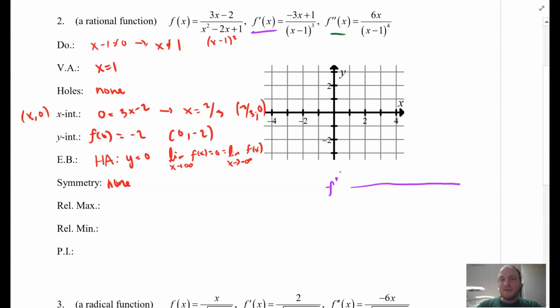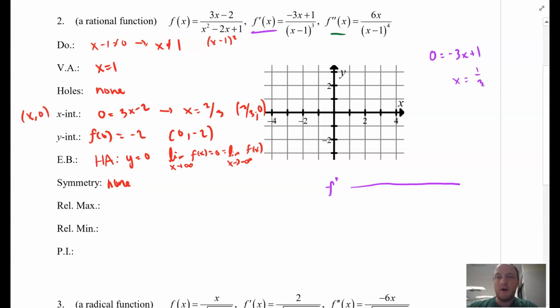Okay, and for this, again, I want to know, when is f prime equal to 0? So that's going to be negative 3x plus 1, and this gives me a 0 at, no, sorry, positive 1/3.